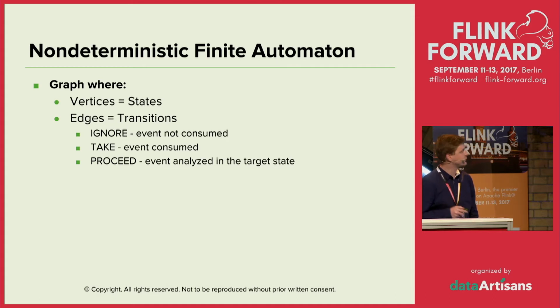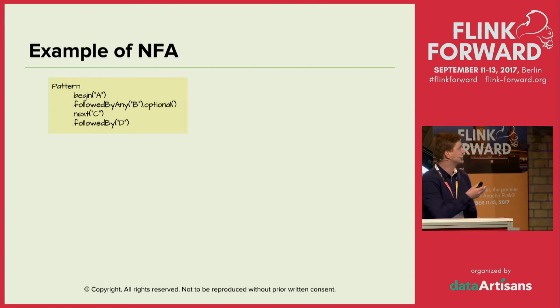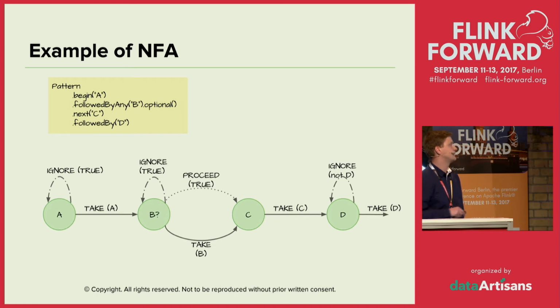To illustrate how they work, let's have a look at how an example pattern is translated into an automaton, and what those transitions will look like. Our example pattern consists of four different individual blocks. I omitted the conditions, but let's assume that an event is accepted when the name of the event matches the name of a block.